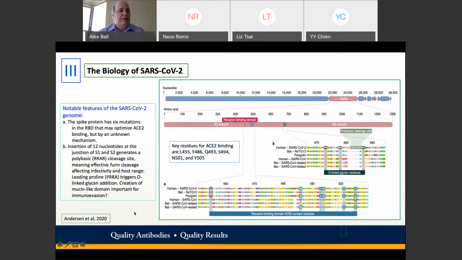Now, to get back to something we talked about a little bit earlier, and that is what is specific about the SARS-CoV-2 genome that contributes to its notoriety and its pathogenicity.